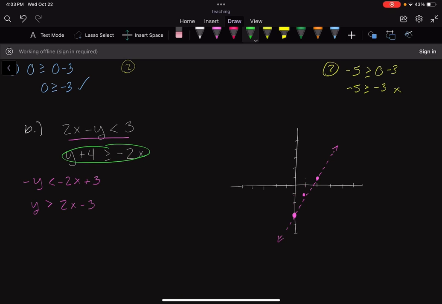For my green, I'll do y greater than or equal to negative 2x minus 4. So negative 2x, so I'm going to go up 2 and then over 1 this way.